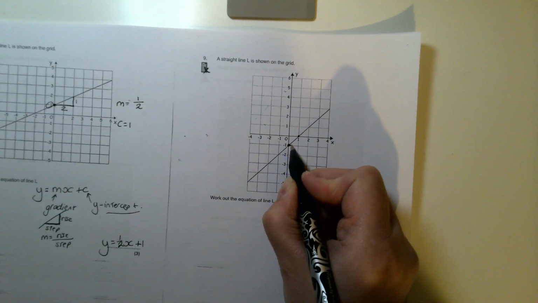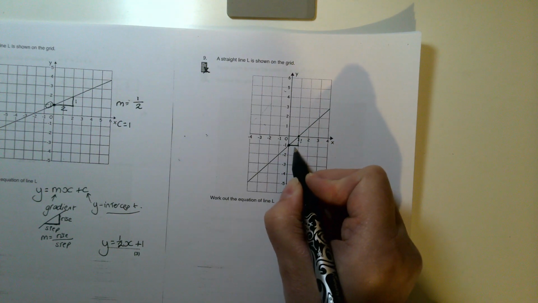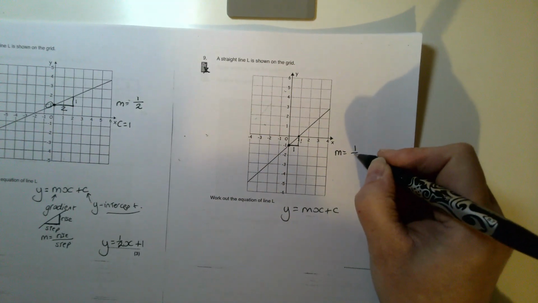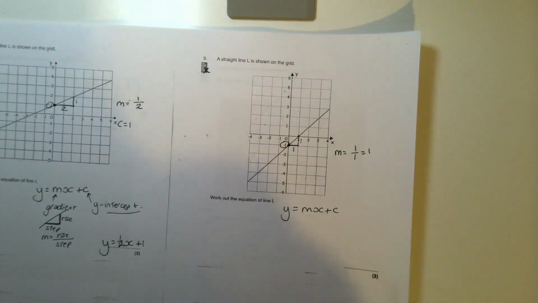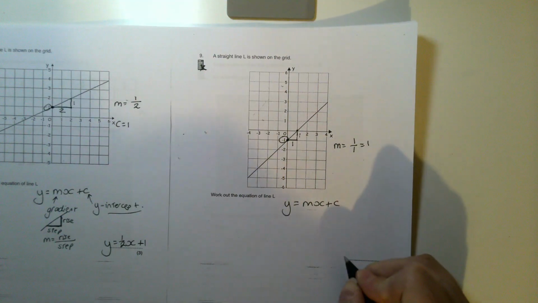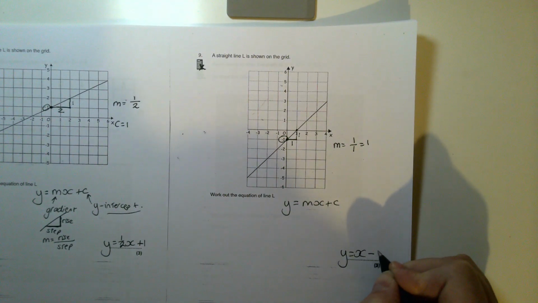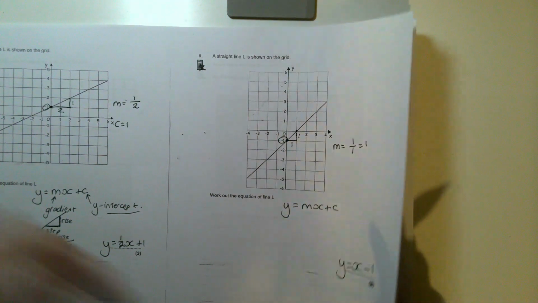So I'm going to go along 1 square and then up 1. So the rise is 1 and the step is 1. So that means the gradient is 1 divided by 1, which is 1. And it cuts here at negative 1. So we have y equals 1x take away 1.